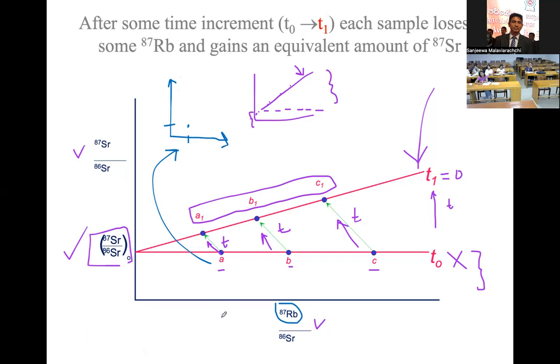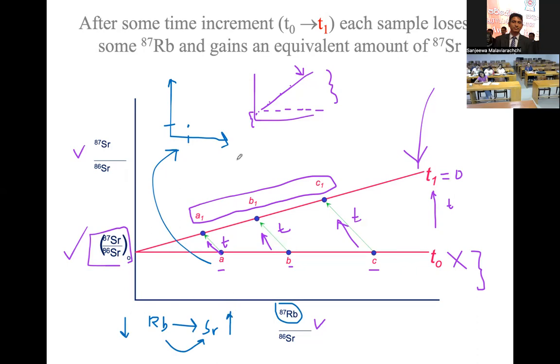So what is happening during this radiogenic decay? Rubidium decays to form strontium. That's all that is happening. That means the number of rubidium nuclides will be decreasing, isn't it? Initially, some amount of strontium was there, but as a result of this rubidium-strontium decay, the number of strontium nuclides will be increasing.